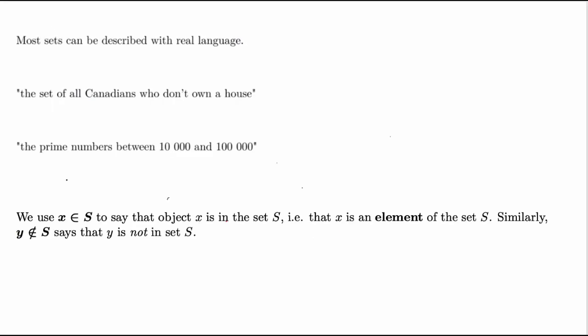Okay. As we talked about, most sets can be described with natural language. For example, let's say that I want a set Q where I'm describing it with natural language, that this is the set of all provinces in Canada.